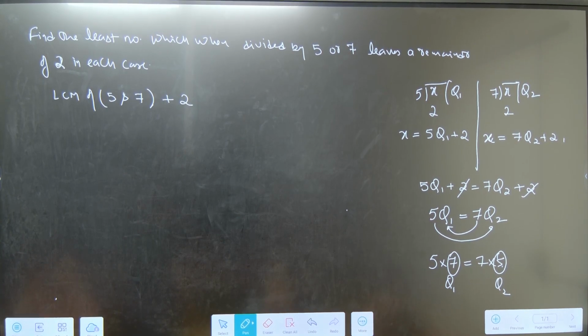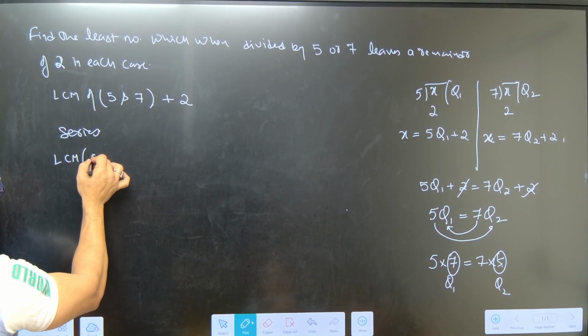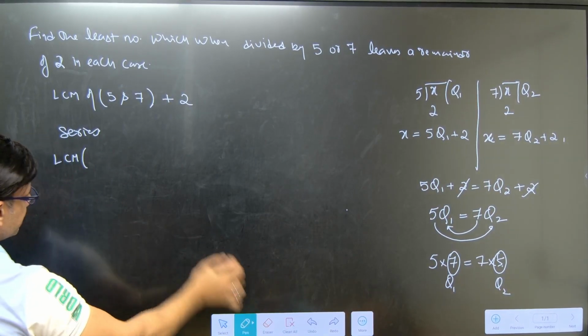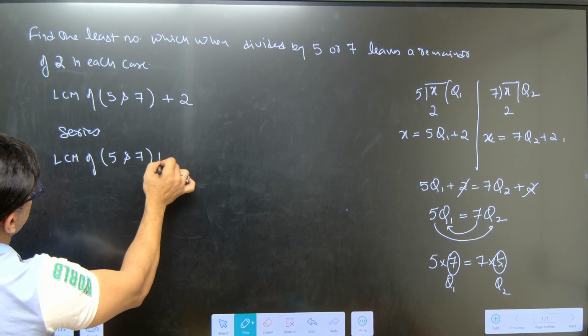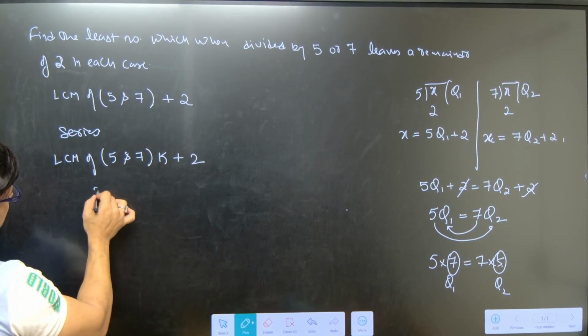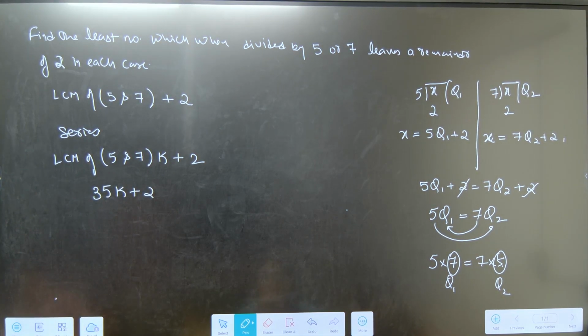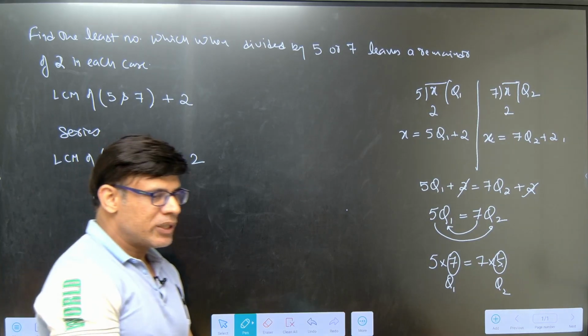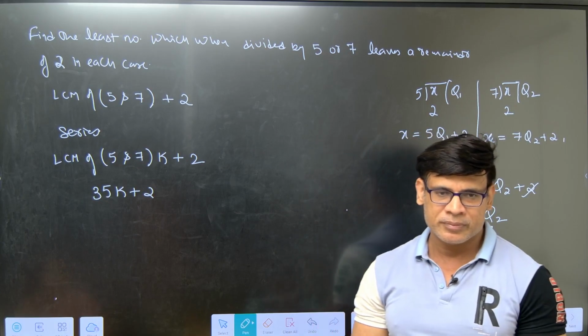And to find a series of such numbers, take the LCM, multiply by k and then add 2, which will give you 35k plus 2. Put k equal to 1, you'll get the first number. Put k equal to 2, you'll get the second number. Put k equal to 3, you'll get the third number, and so on. So your second number will be what? Put k equal to 2.